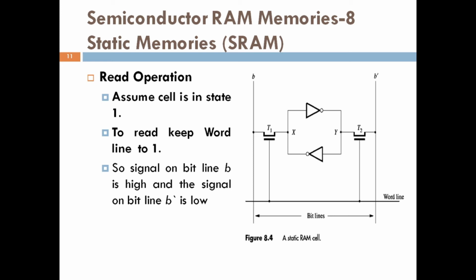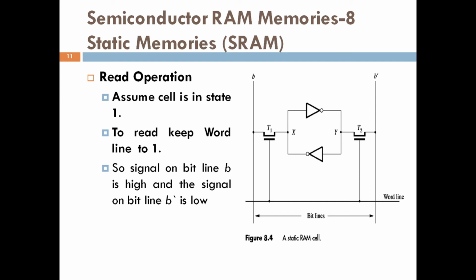If the cell is in state 1, then the signal on the bit line B is high and the signal on the bit line B dash is low. The opposite is true if the cell is in state 0. Hence, B and B dash are complements of each other.